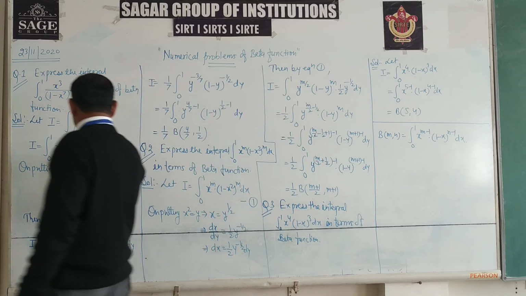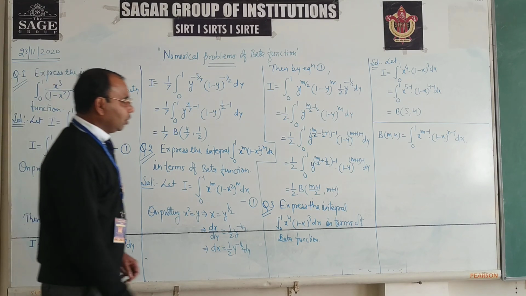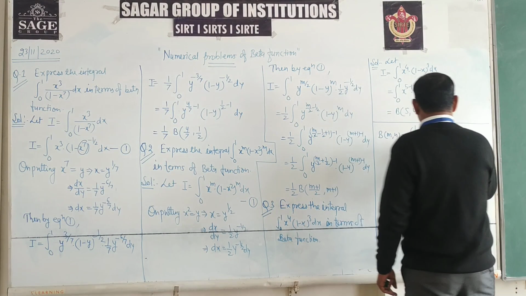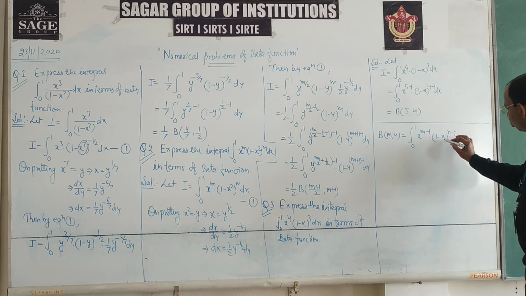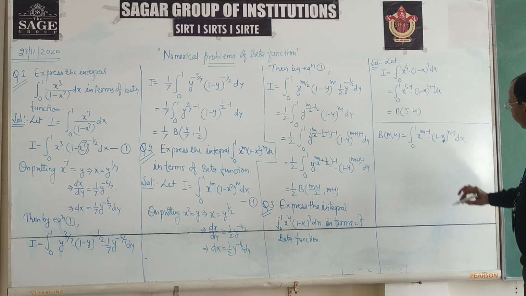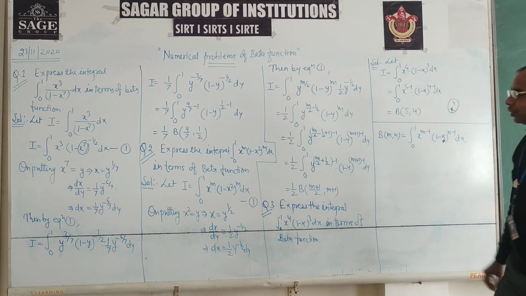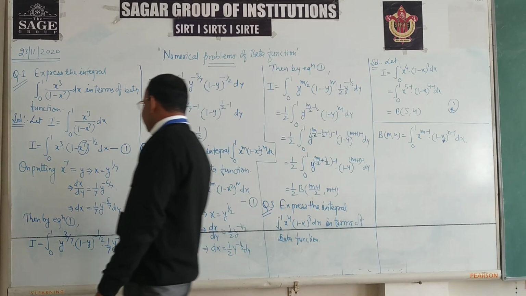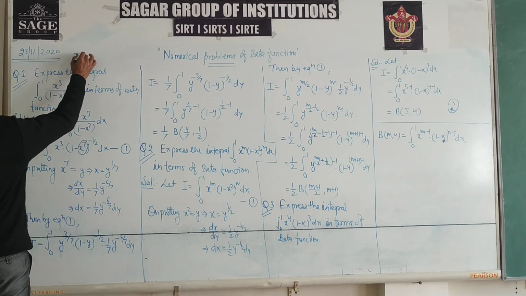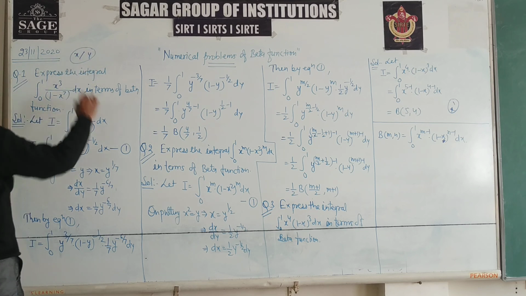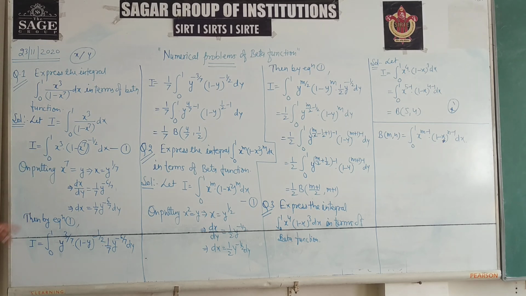But the extra term here is x to the power 7, because in the beta function we have 1 minus x only; x has power 1. Therefore we change x to the power 7 to y. So now we change the variable x to y.